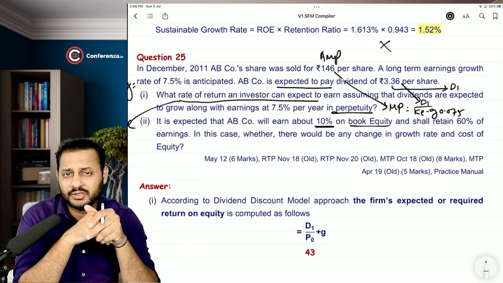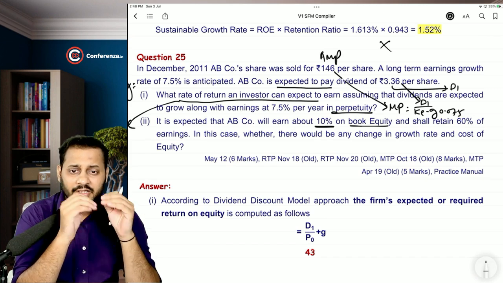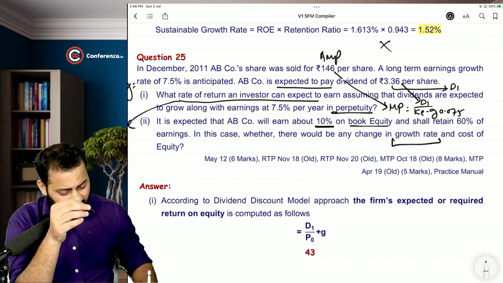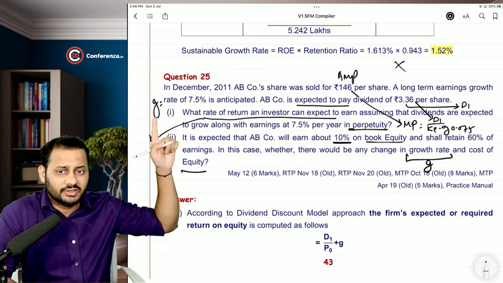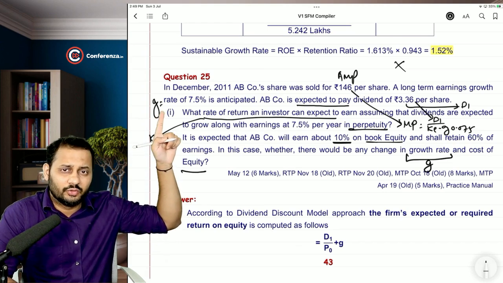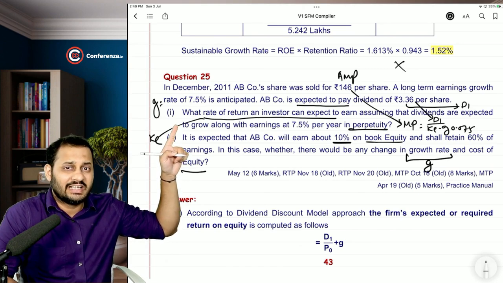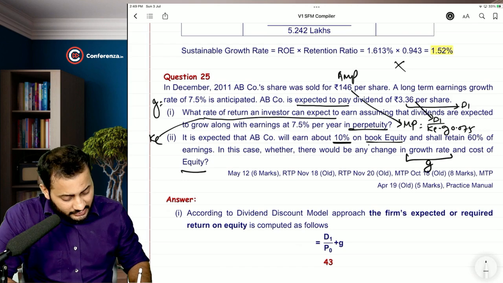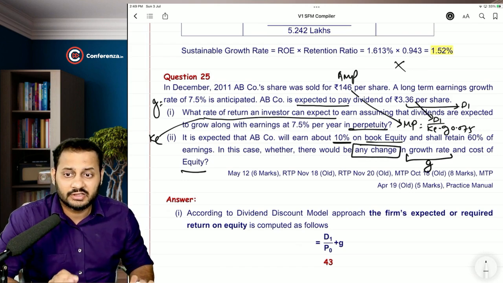That means what will be the dividend payout ratio? 40%. Okay. In this case, would there be any change in the growth rate and cost of equity? The growth rate earlier was 7.5%. Is this growth rate changing now? And the cost of equity calculated in the first part was 9.8%. Is this changing now? They are asking us whether there is any change.